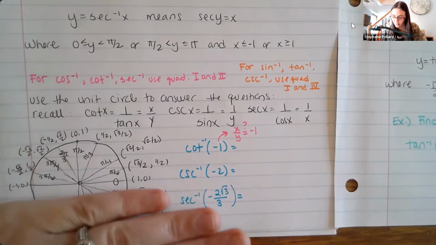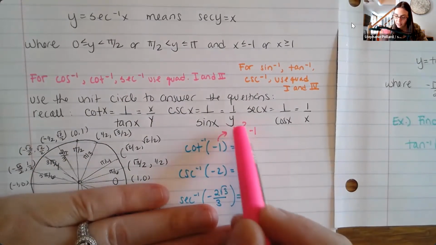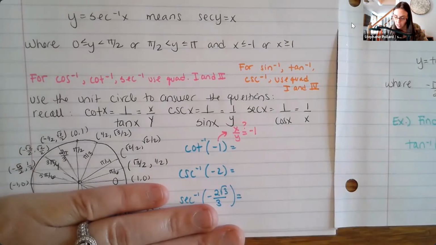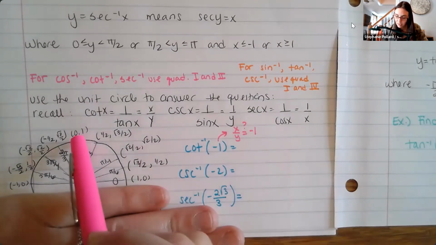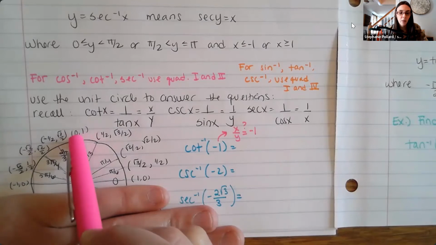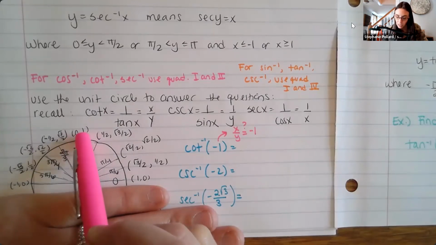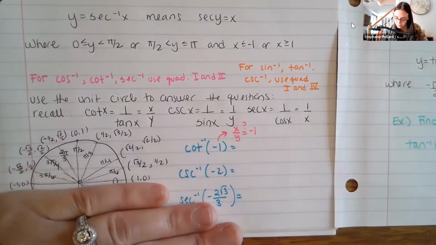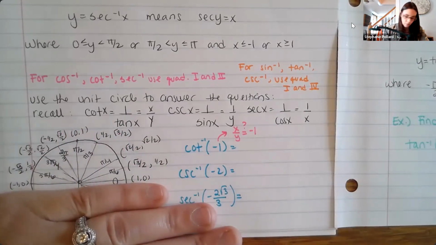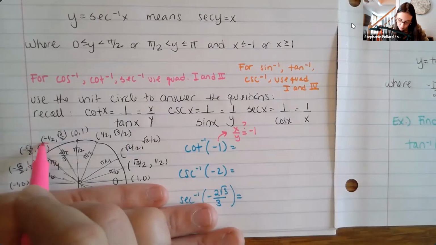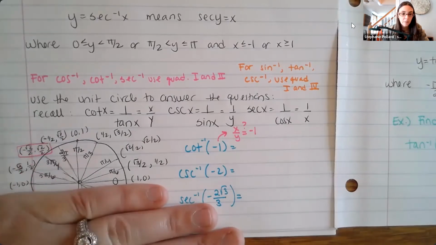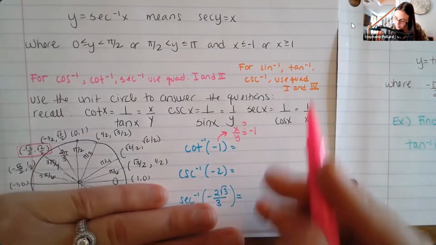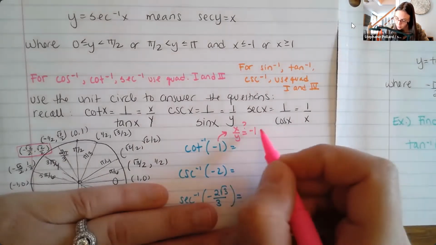So I have a little bit of work to do. I have to think about, okay, well, when I divide those x and y's, what would give me -1? For instance, if I did 0 and 1, 0 divided by 1 is 0. That doesn't work, right? So if I go around the circle, the one that's going to work here is this pair. And that's because, and this isn't my answer, I'm just going to do some little work in pink here.